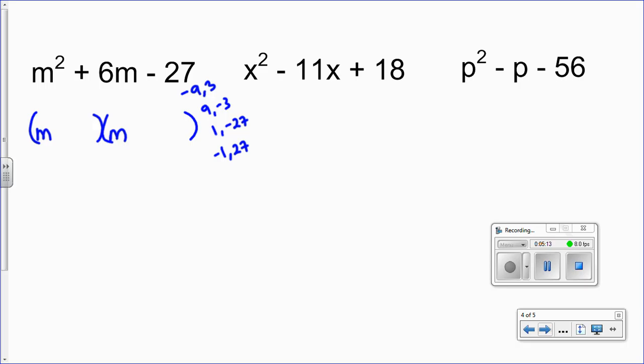Okay, so I think I want to use 9 and 3, but I need a positive 6. So I need the 9 to be positive and the 3 to be negative. Let's check the outer and inner just to be sure. So negative 3m plus 9m, that does give me 6m, positive 6m.